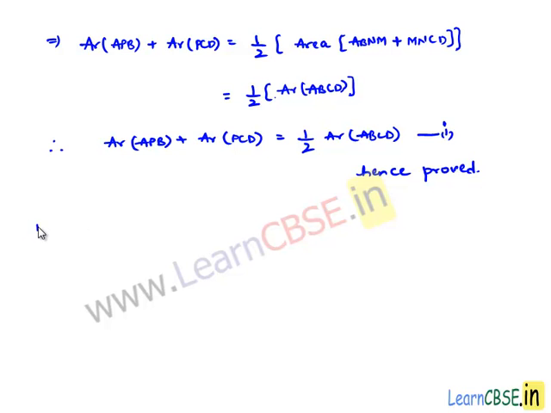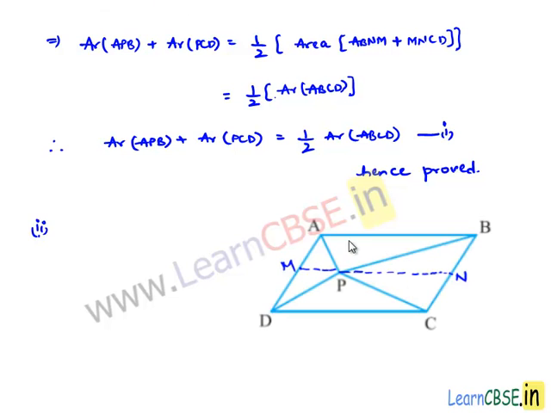Now let us prove the second one. Consider the given figure. Here let us draw a line XY passing through P such that XY is parallel to AD. As XY is parallel to AD, it will also be parallel to BC, since in a parallelogram opposite sides are parallel.